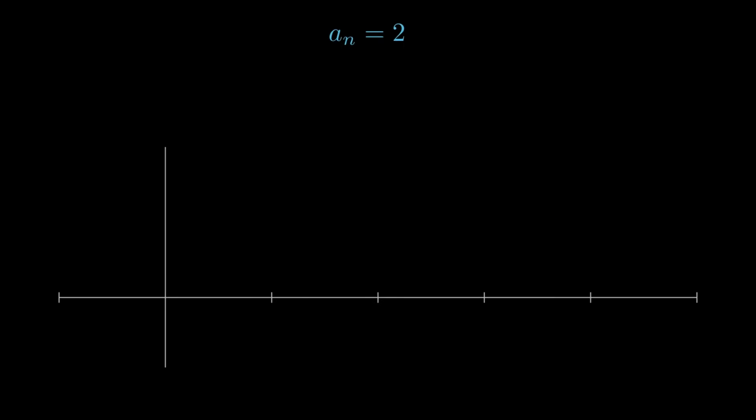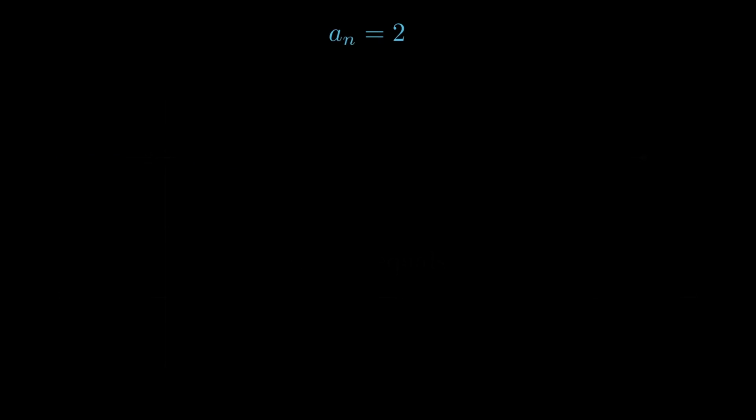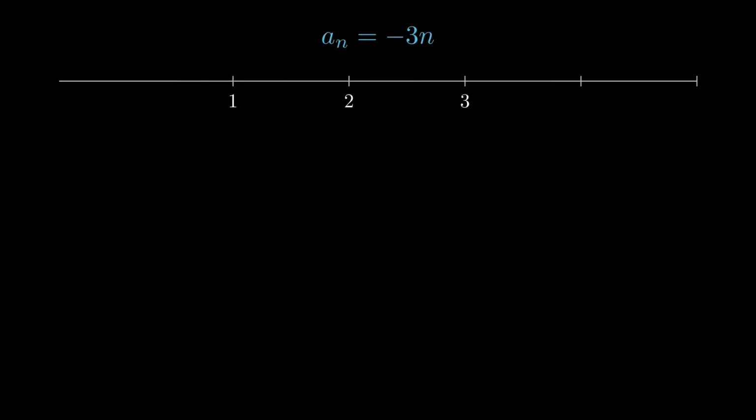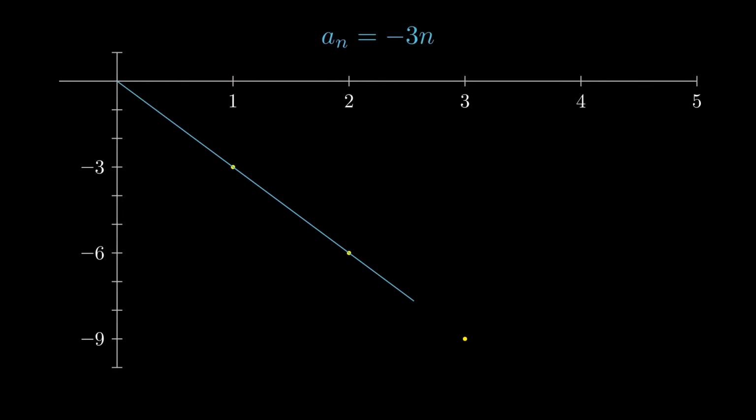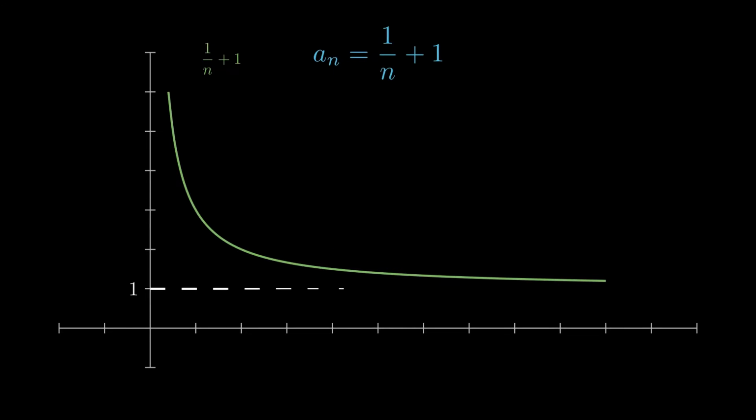When we plot the points and connect them, we get an exact horizontal line at y equals 2. Example number 2. Now, if the nth term equals negative 3 times n, after plotting the graph, we will see that the graph keeps going down without any exact y value, so it is considered a divergent sequence.